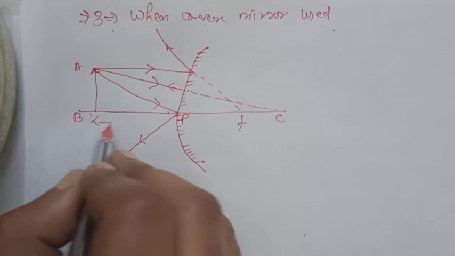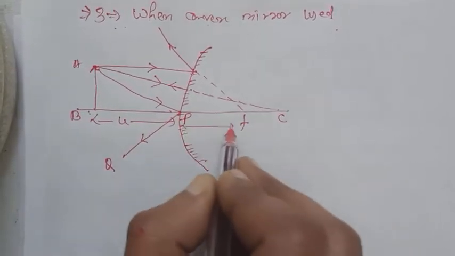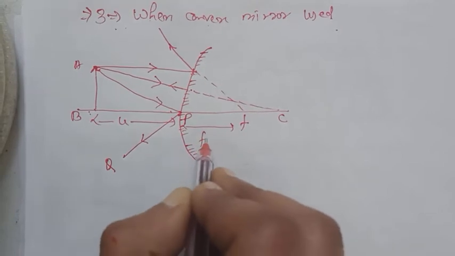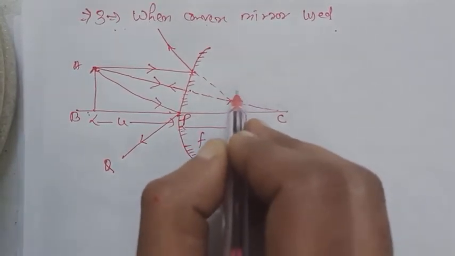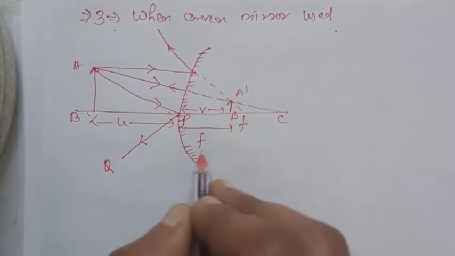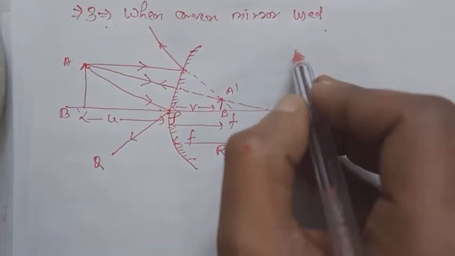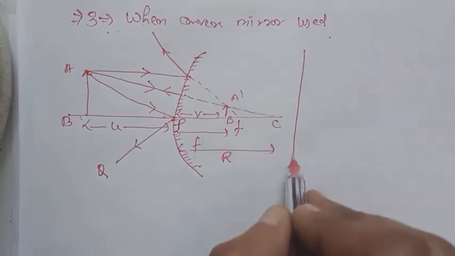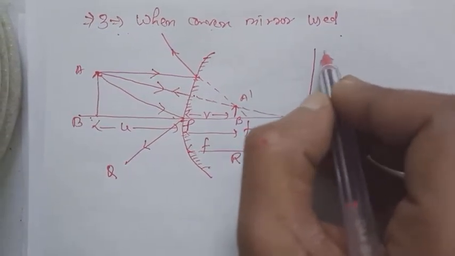Now the object distance is represented by u, the focal length by f, the image A dash B dash by v, and the center of curvature by R. Now we write down all the distances and symbols we can use.